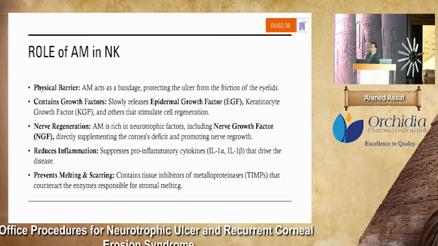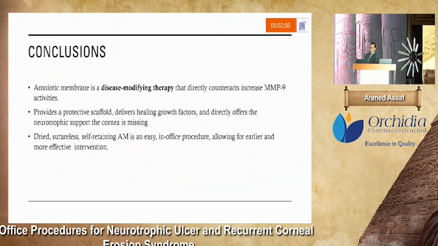So the role of amniotic membrane in neurotrophic keratitis is to act as a physical barrier or a scaffold for the corneal epithelium, and it contains growth factors, epidermal growth factors, as well as neurotrophic growth factors or nerve growth factors that are already lost by the trigeminal nerve affection. And again, it reduces inflammation by counteracting the effect of MMP9 and MMP2, and blocks the release of interleukins, and of course prevents melting and scarring of the cornea.